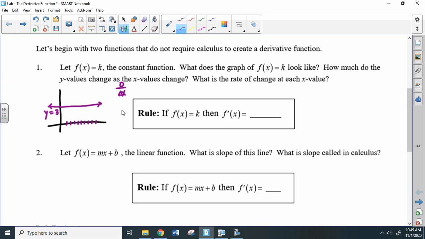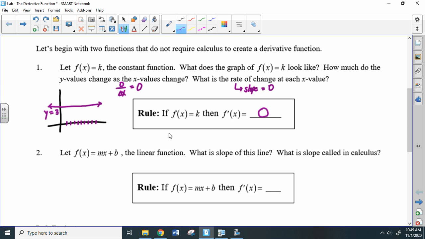Zero divided by anything other than 0 is still 0. What is the rate of change then at each of these x values? Remember, the rate of change is the same thing as the slope of that line, and the slope of a horizontal line is 0. So now we actually have a rule: if your function equals a constant, which is what k stands for here, then the derivative will always be 0.